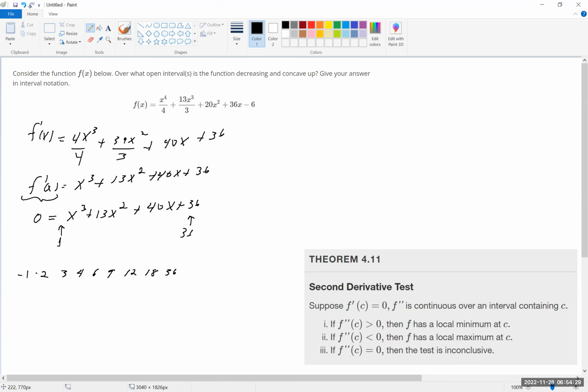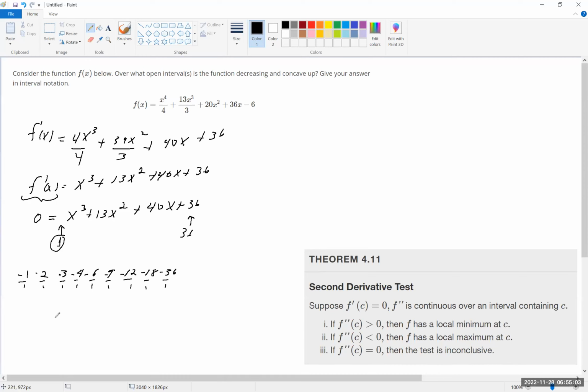So the positives and negatives. And fortunately, this is a 1, so we would have to divide by 1. And then use something like synthetic division to figure out which ones of these are actual zeros of the function.